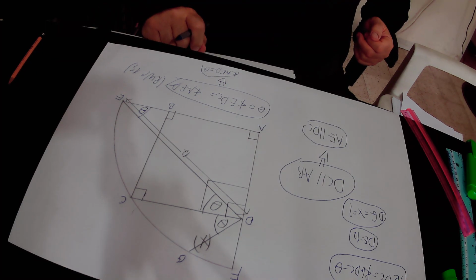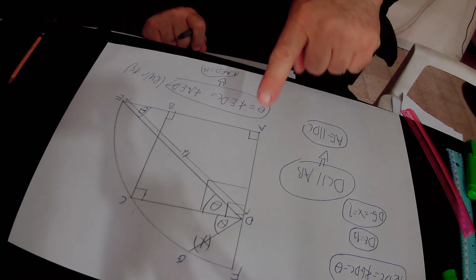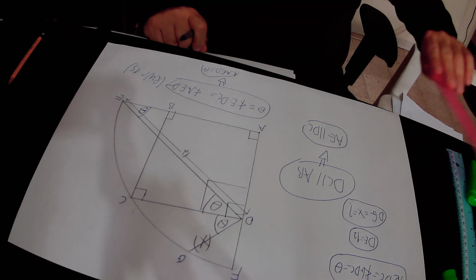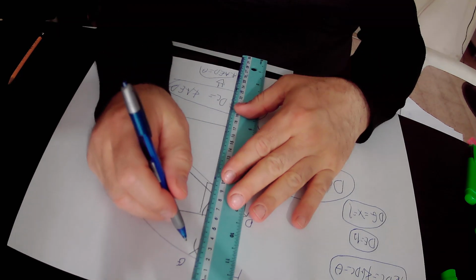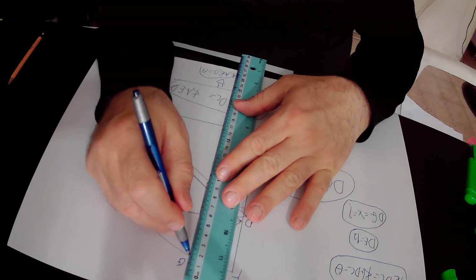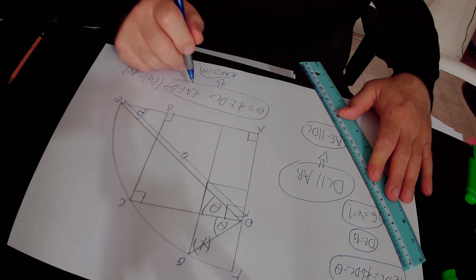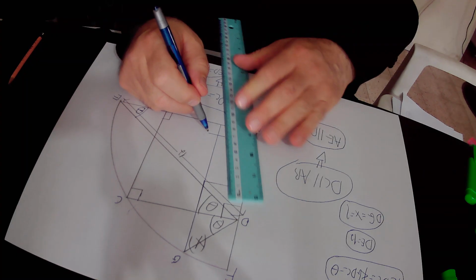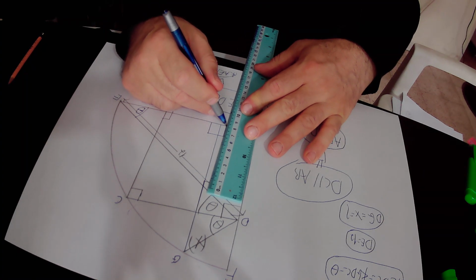So, in the next step, we'll do a construction. From point G, we'll draw a perpendicular on AB. So actually, this angle equals 90 degrees, and this angle also equals 90 degrees according to our construction.